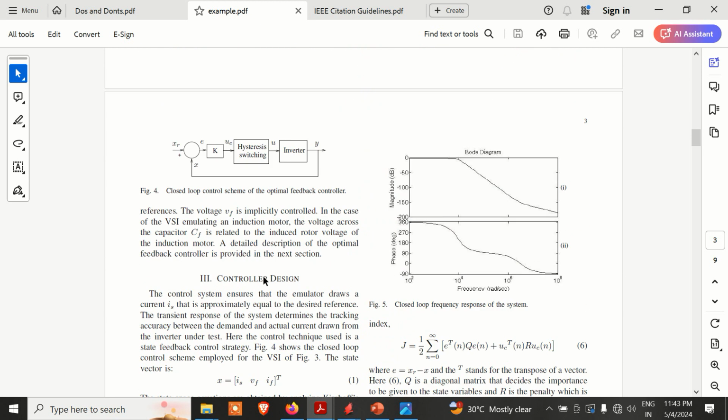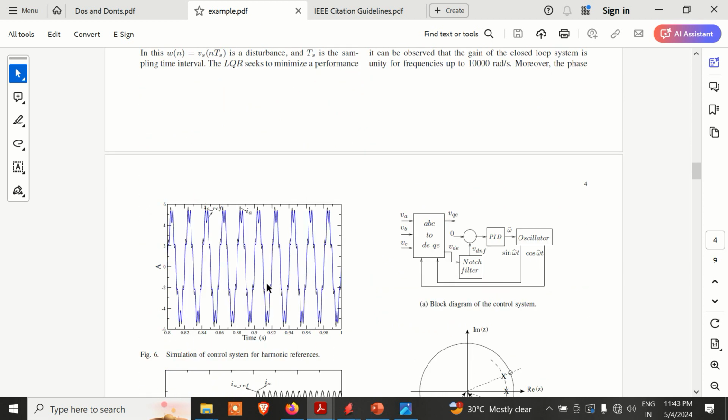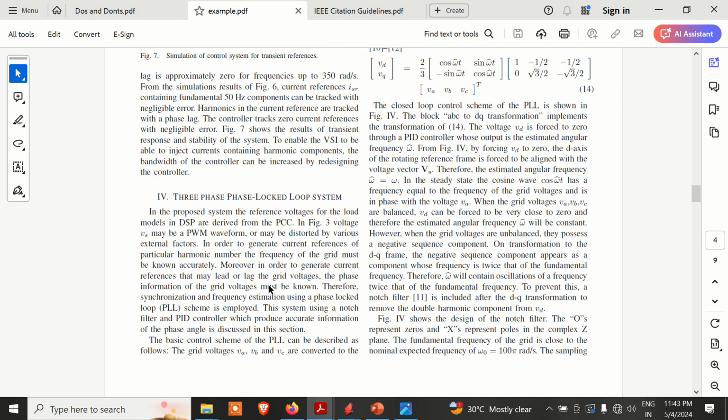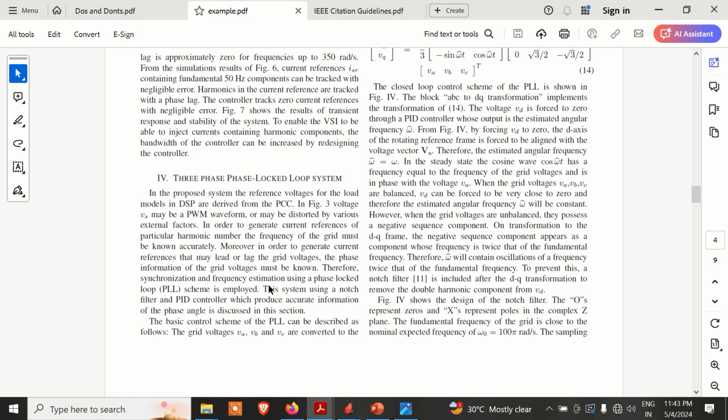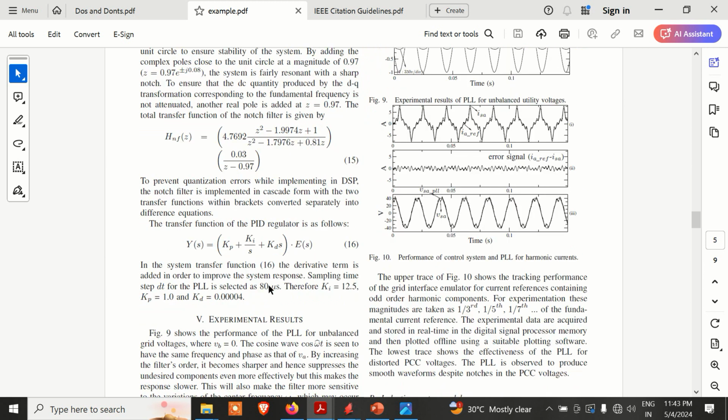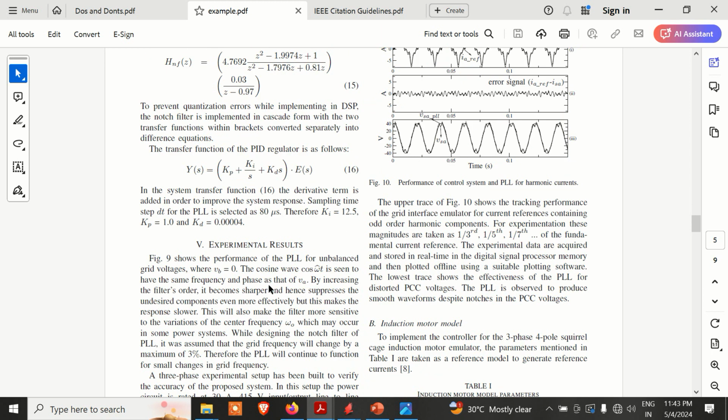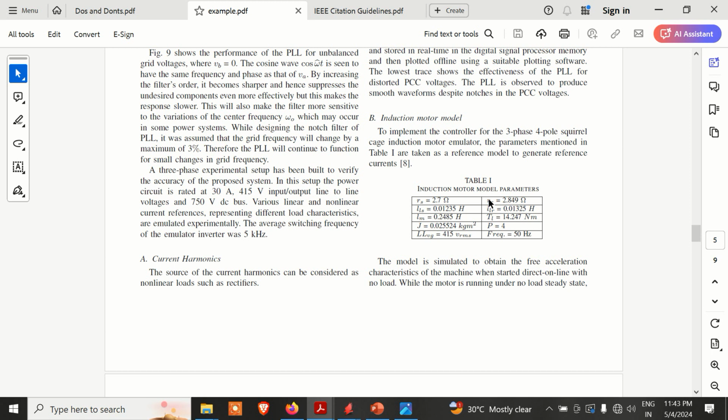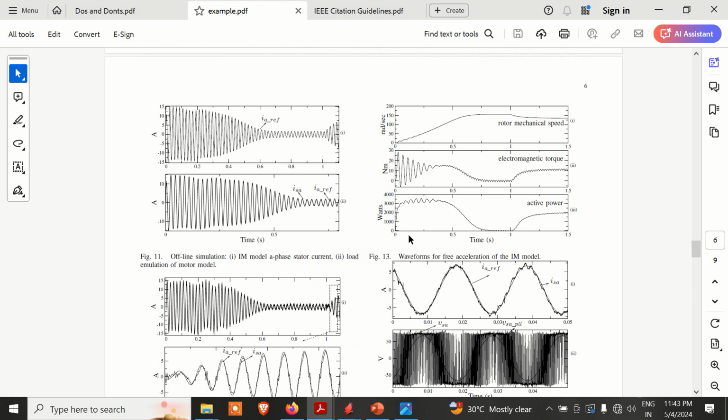As I was telling, if you look at the organization, we started with the introduction and then the principle, the design, some methods, the experimentation results, which you can see in a tabular form, your plots.